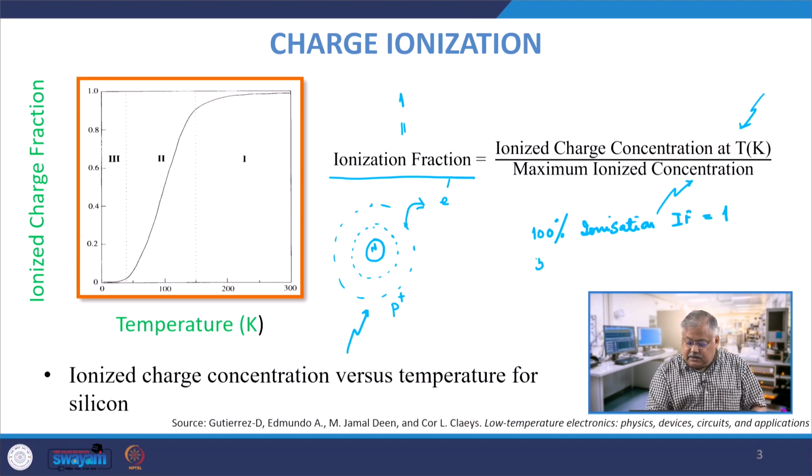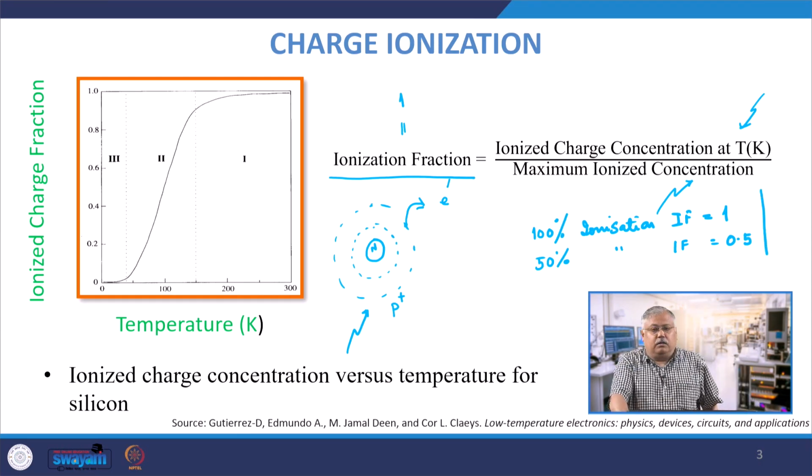If it is say 50% ionized, it effectively means that IF will be around 0.5. So, just by looking at IF, I know what percentage of the dopant species has actually been ionized.